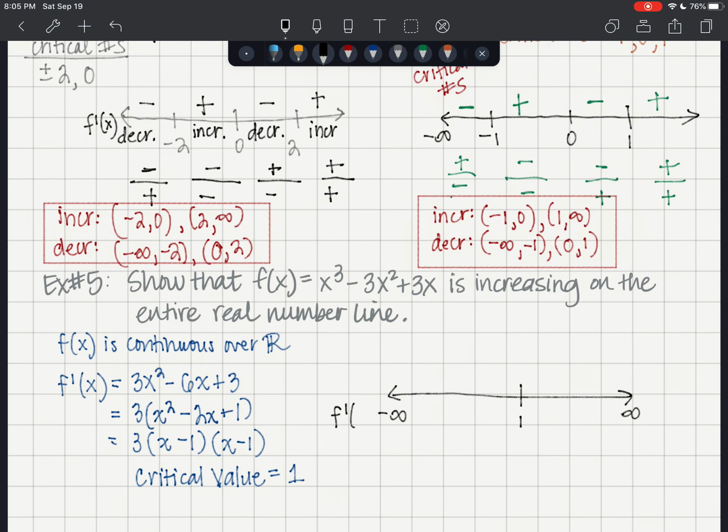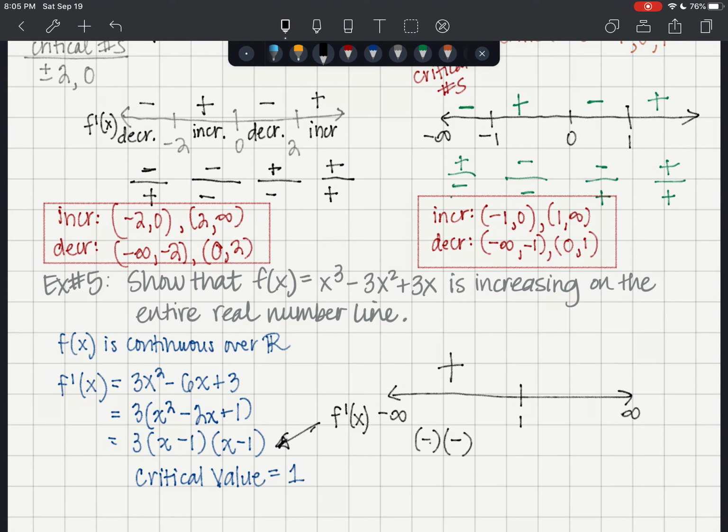This is the first derivative. I keep saying that because sometimes we forget that we're putting these values into the first derivative. So if I put a 0 in, 3 is positive, but 0 minus 1 is negative. 0 minus 1 is negative. A negative times a negative is a positive.